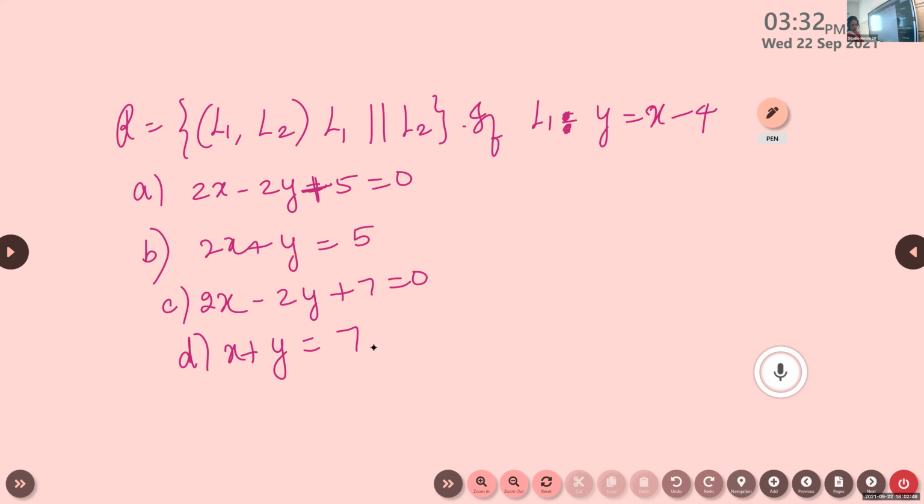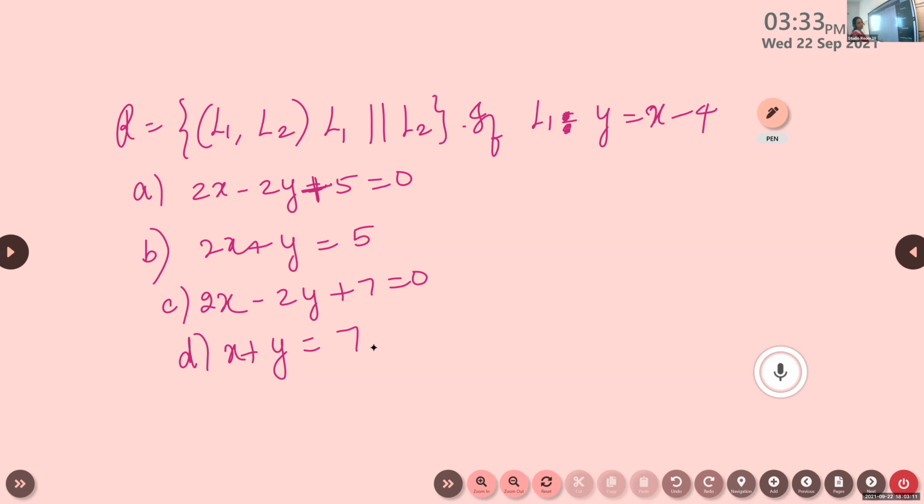The first one is 2x minus 2y plus 5 is 0. 2x plus y is equal to 5. 2x minus 2y plus 7 is 0. x plus y is equal to 7. Okay, sometimes you may get more than one option, no problem.